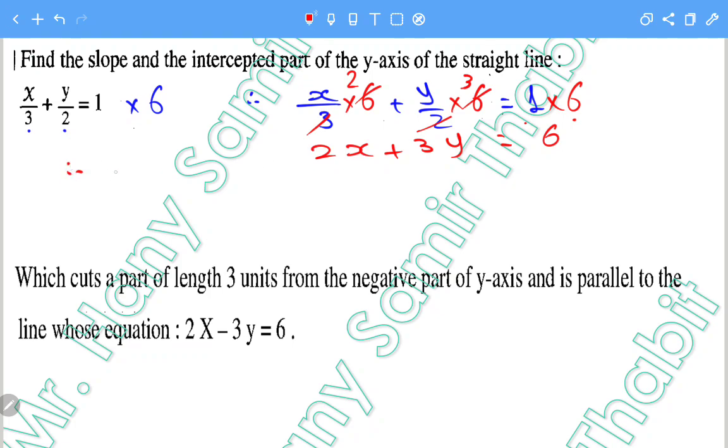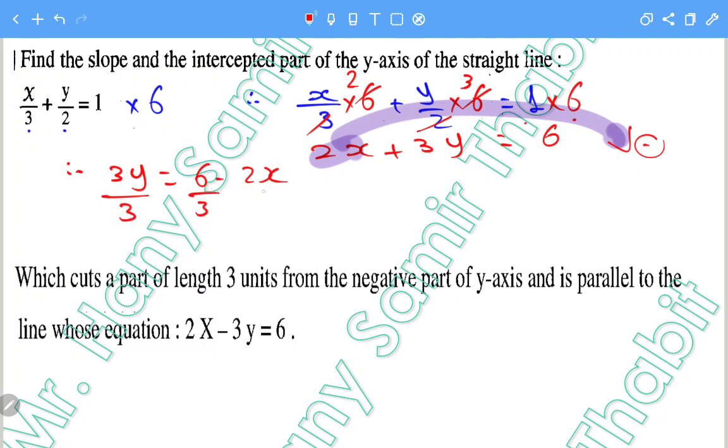Then 3y equals 6 minus 2x; I move 2x out, so it becomes negative. Divide by 3 again, then y equals 6 over 3, which is 2, and negative 2 over 3 x.